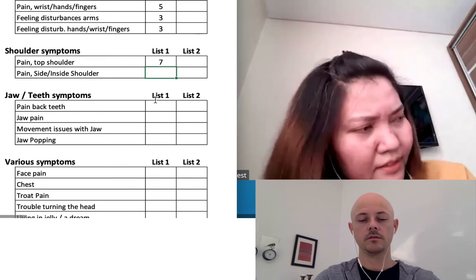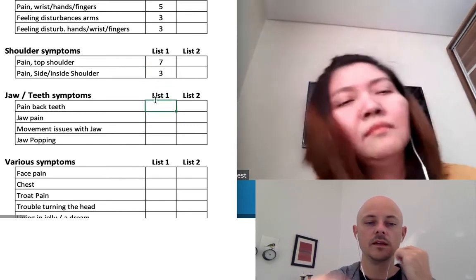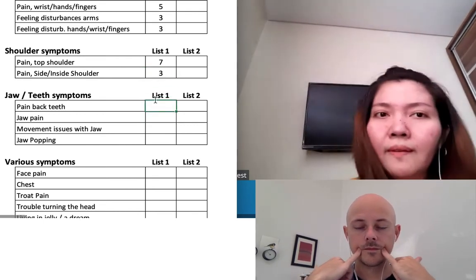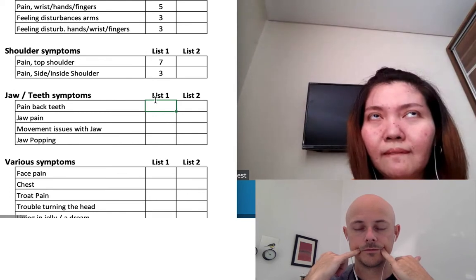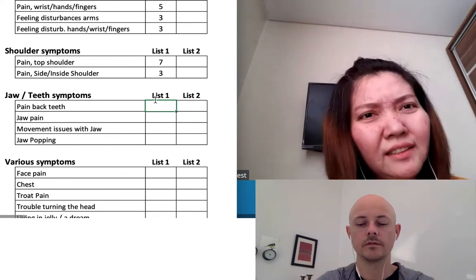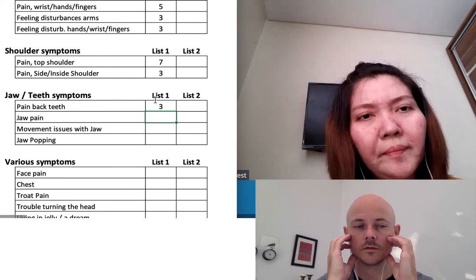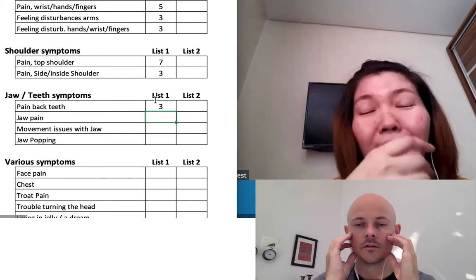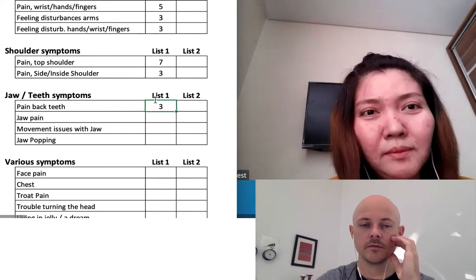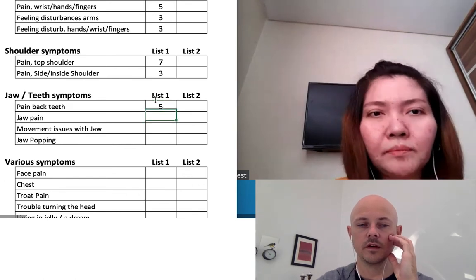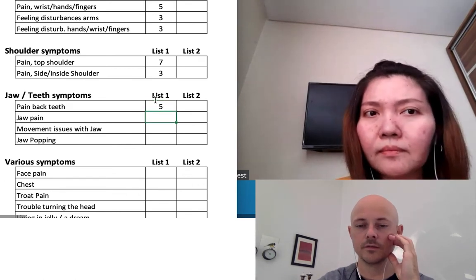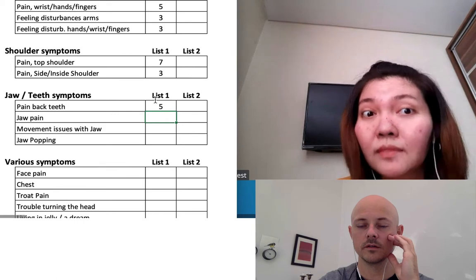3. Yes. And then we have pain in the back teeth. 3. Yes. And pain in the jaw. Sorry, it's a 5. So the back teeth is 5. Is that right? Yes.